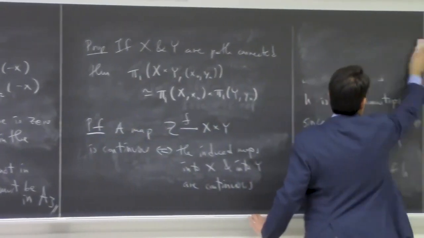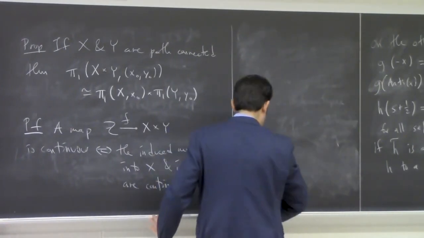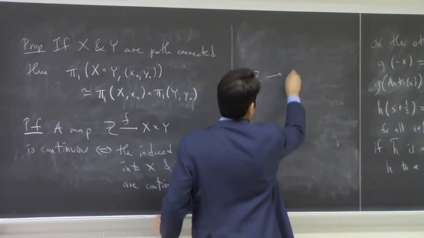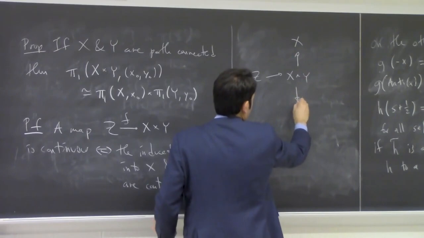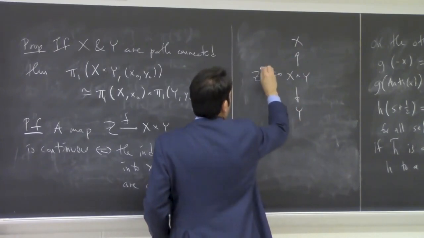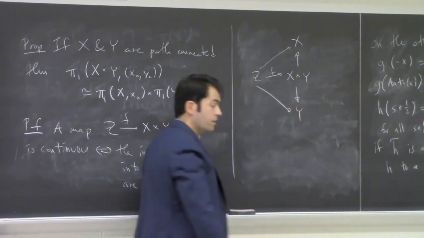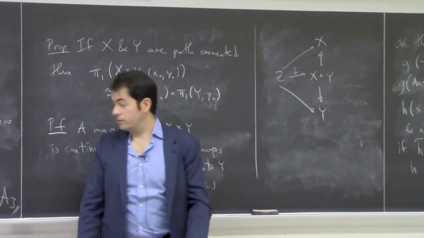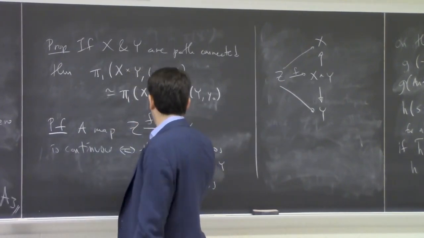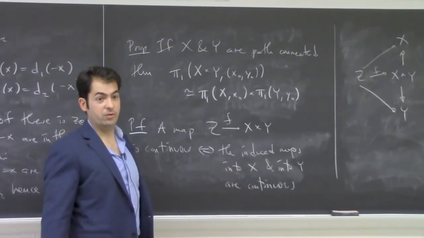By induced maps, what I mean is that you could project onto the left factor, or you could project onto the right factor, and the composition of these maps is what needs to be continuous, right? And this determines the topology, the product topology on X times Y. So these are precisely the continuous maps into X times Y.